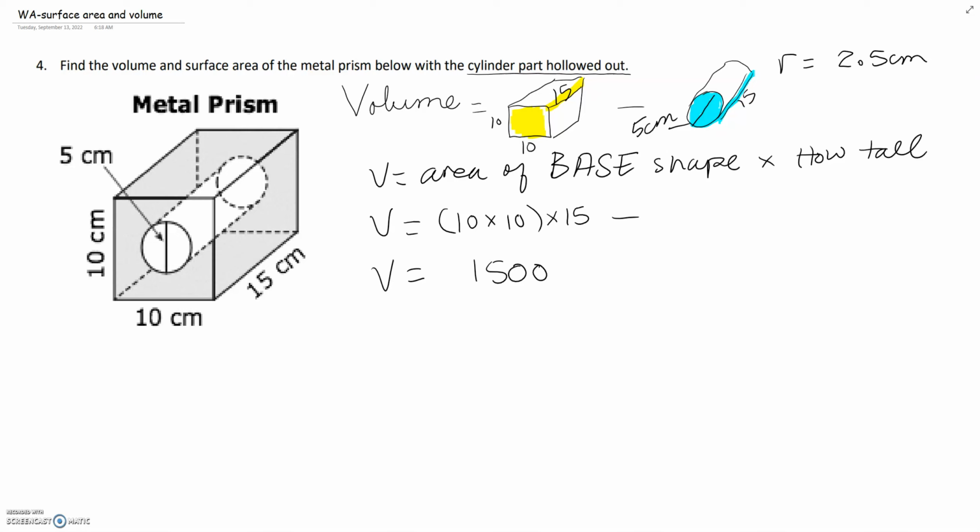So the base shape, the area of a circle, is pi times radius squared, where the radius is 2.5, multiplied by how tall, still 15.